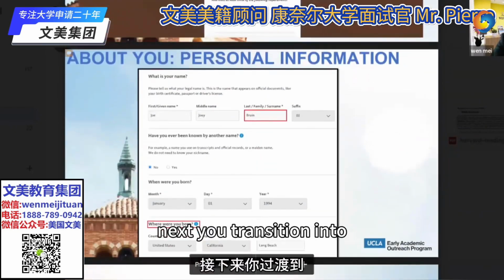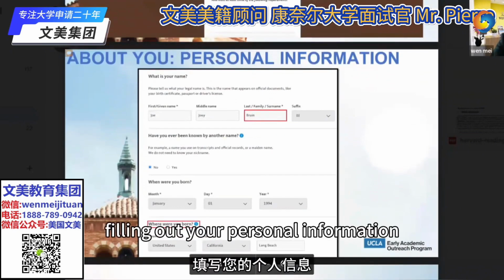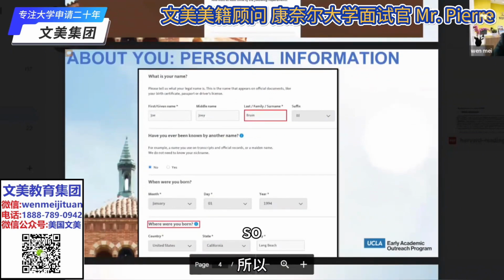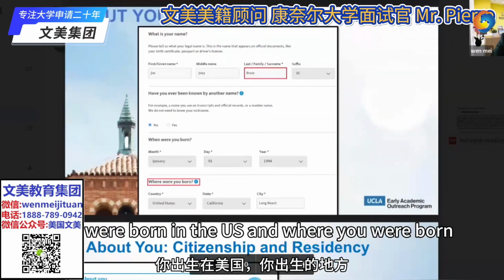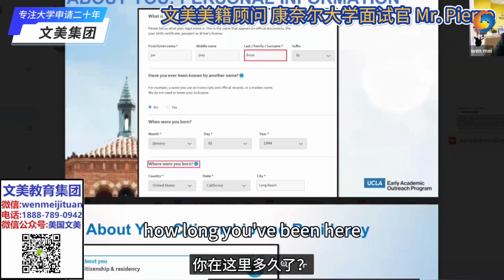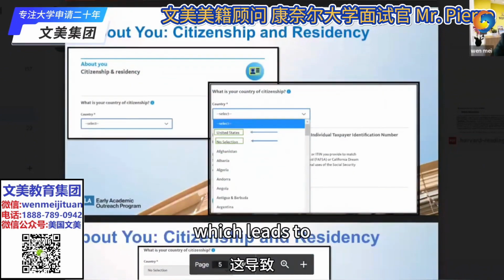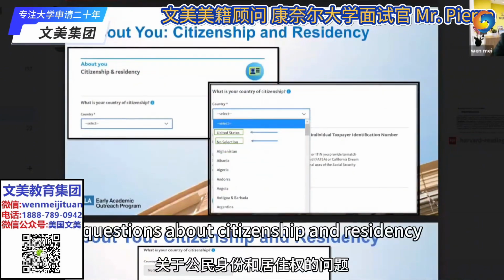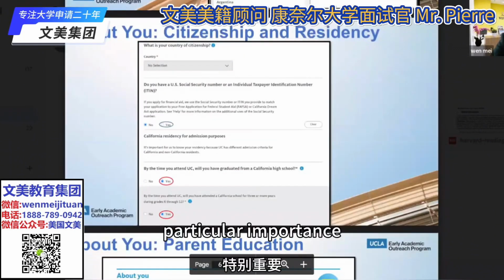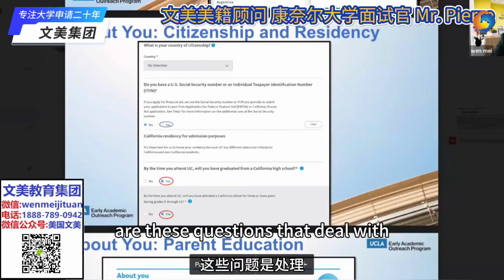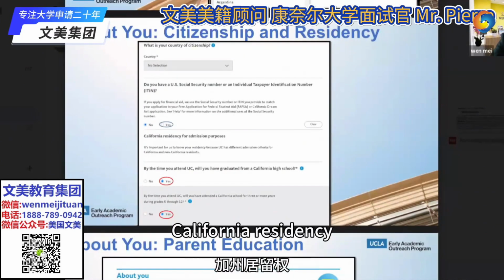Next, you transition into filling out your personal information. So, if you were born in the US and where you were born and things like that, and how long you've been here, which leads to questions about citizenship and residency. And of particular importance are these questions that deal with California residency.